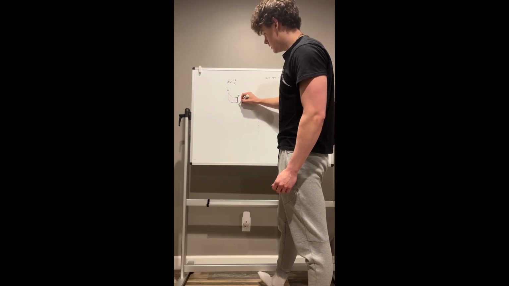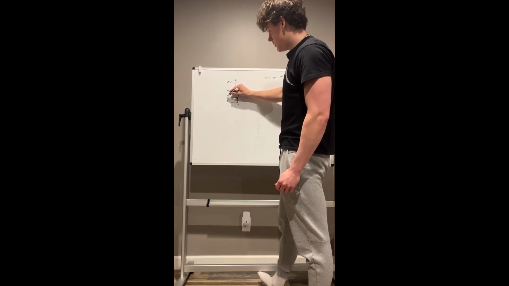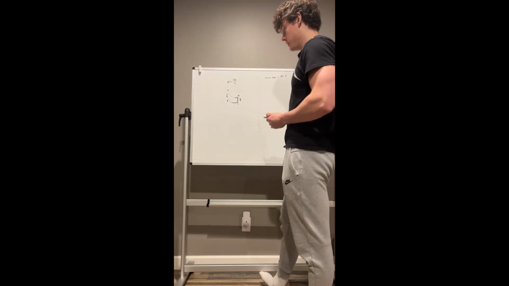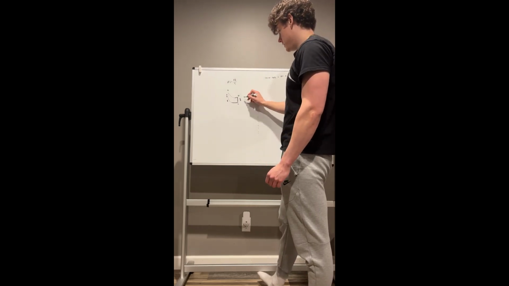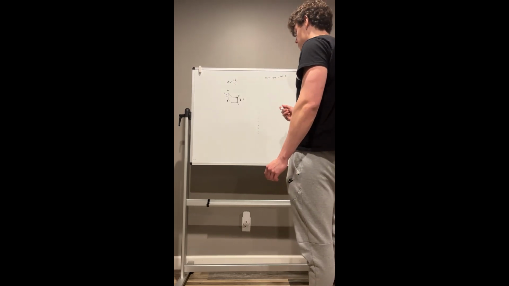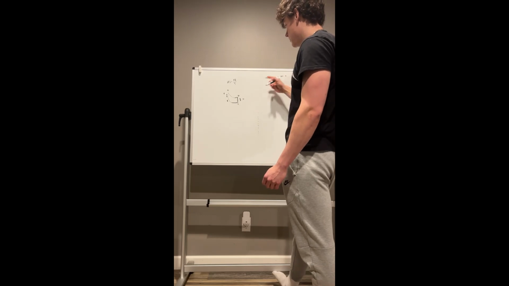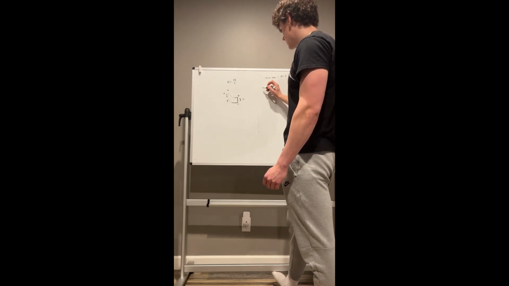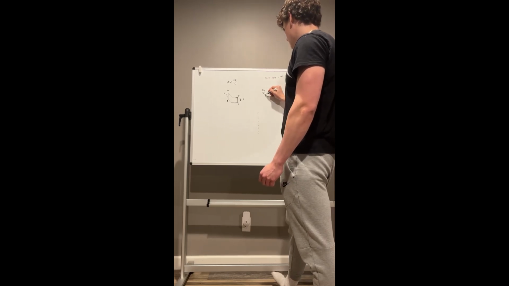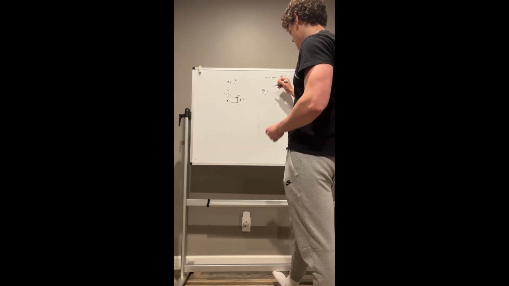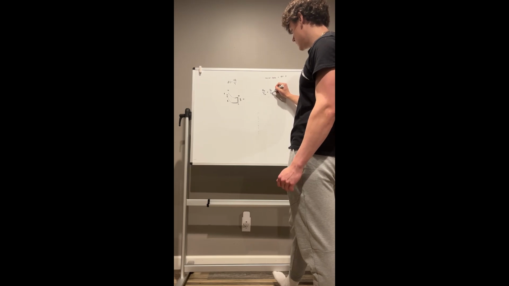A, B, C, and D. We know that D to A and B to C are adiabatic, or their entropy change would be 0, meaning the total entropy of the Carnot cycle system would be equal to Q hot, or A to B, so QH over TH, plus our Q cold, so QC over TC.